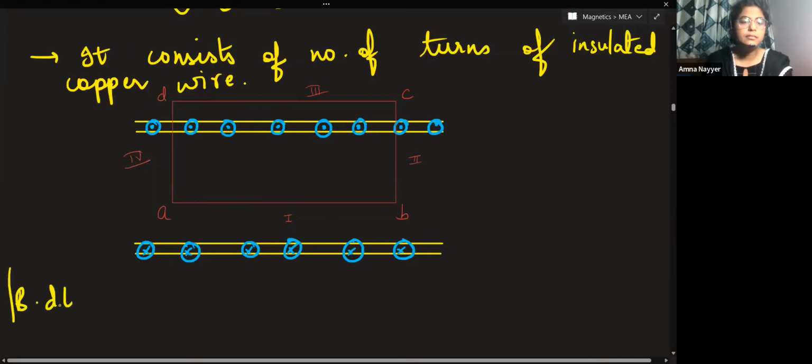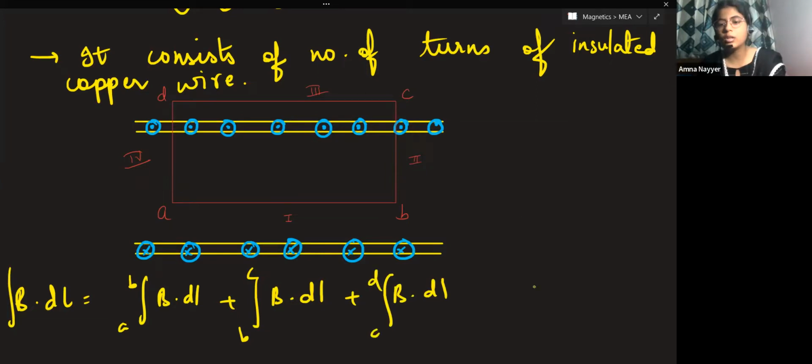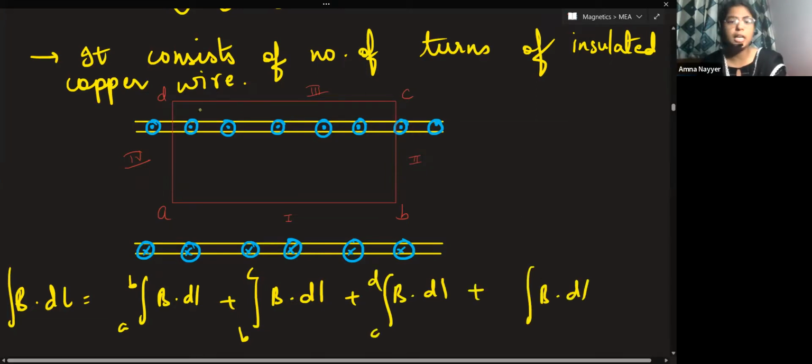The closed integral of B dot dl will be the integral of B dot dl for the first part from A to B, plus the second part from B to C, then the third part from C to D, and then the 4th part, the last one, D to A. If you solve all these 4 parts, then what will be left? You just have to equate it with mu naught I.